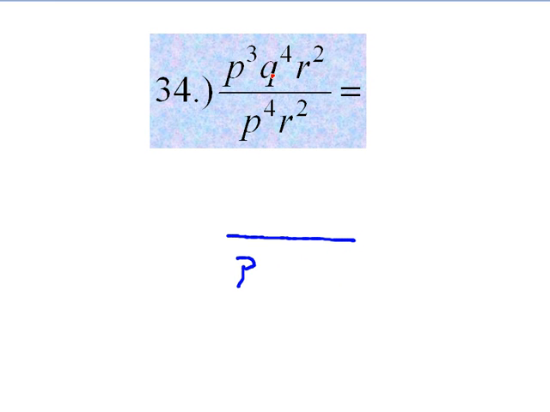We have q to the 4th. We don't have any q's on the bottom, so we'll leave that 4. Now we have r2 and r2. That cancels each other out. So our answer is q to the 4th over p. Gives you a little bit more of an example of what we're doing there with putting where the most is.